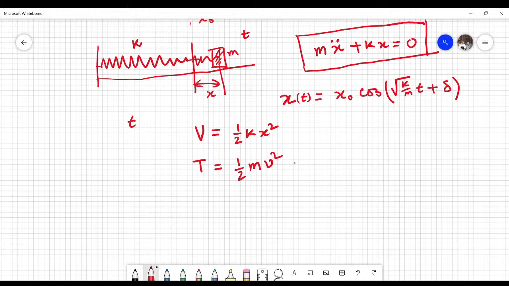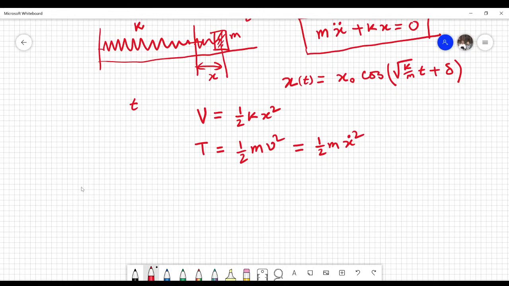This can be written as half m x dot squared.